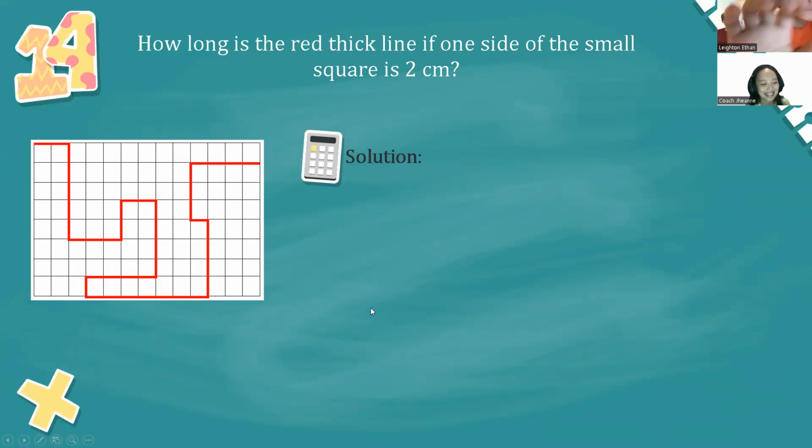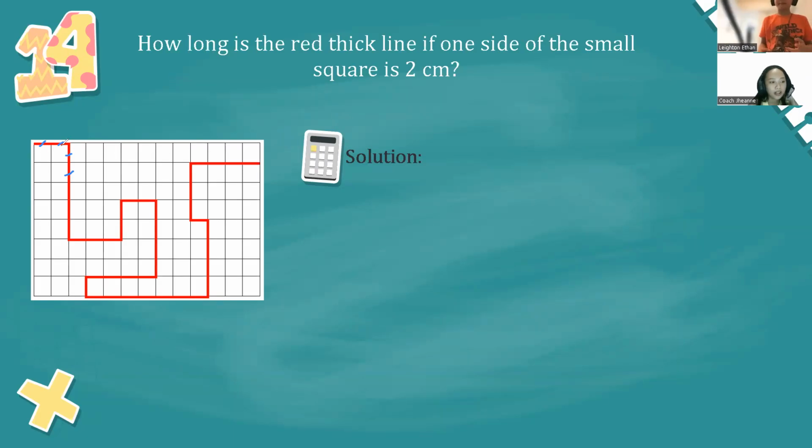So this is just easy. You just have to count the number of sides where there is a red thick line. This one here is one side, this one here is one side, one side, one side. So we have to count how many sides this red line traverses.